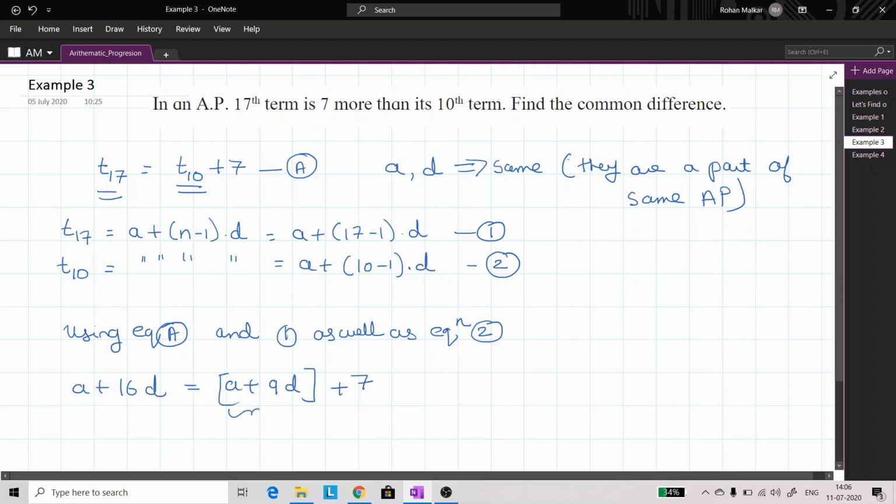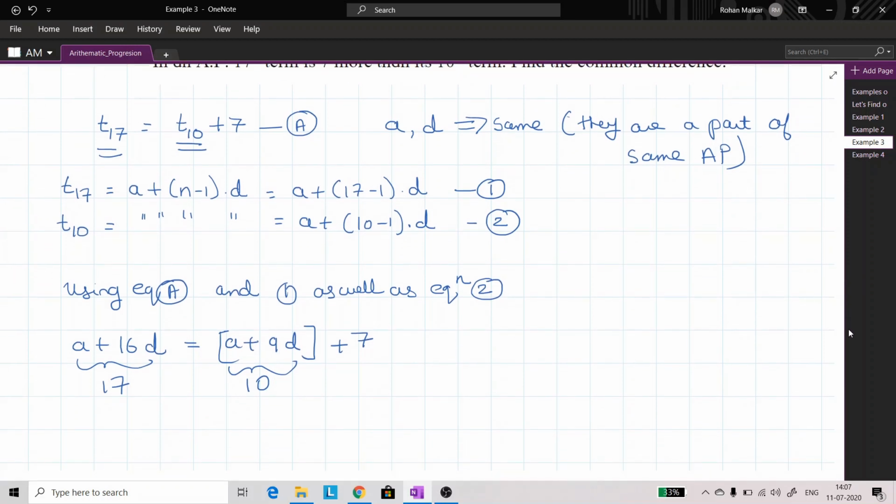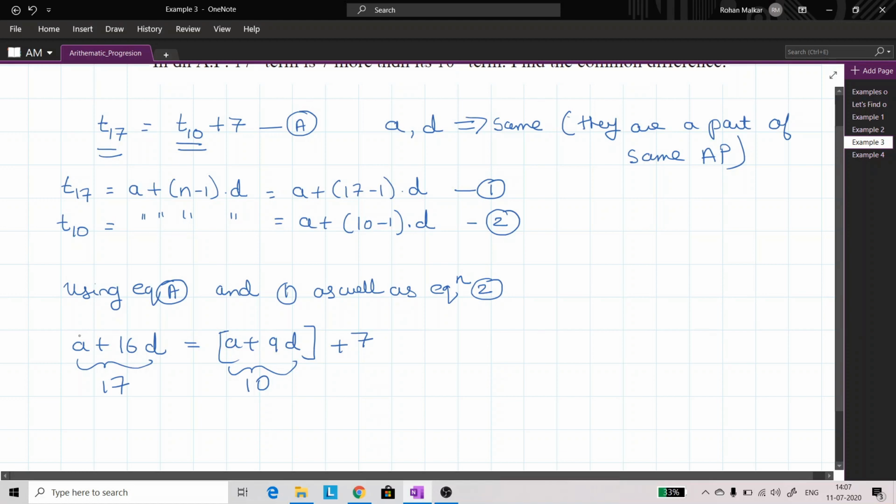And if I just scroll down and make some space for myself, then what do I get? So this A and this A get cancelled off. 16D minus 9D comes out to be 7D, will be equal to 7, and that implies the common difference is 1.